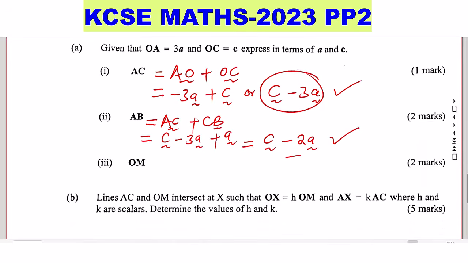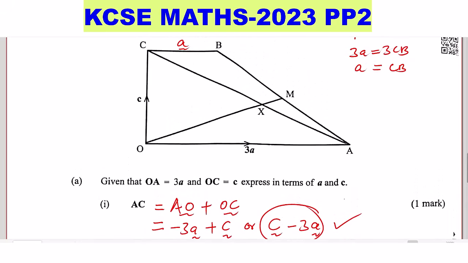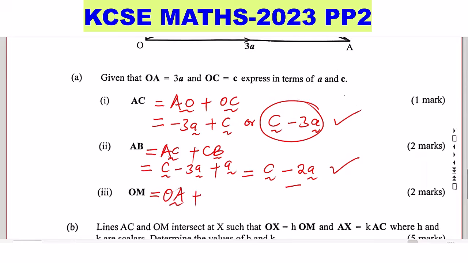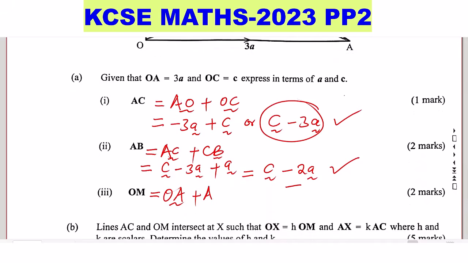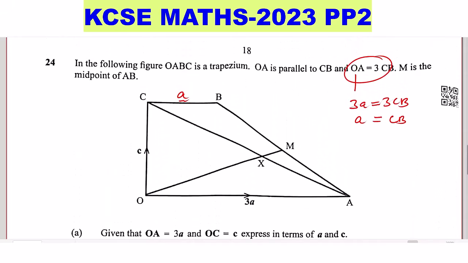Part 3, OM. So you want to move from O to M. The easier route will be to move from O to A, then from A to M. OA is given as 3a. AM, I remember we were given that M is the midpoint of AB.